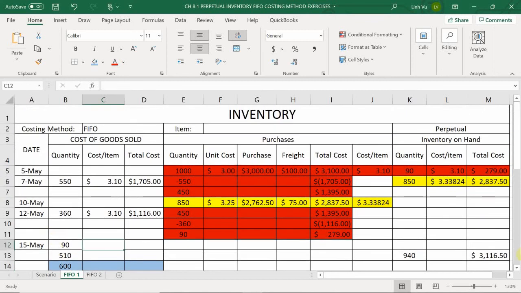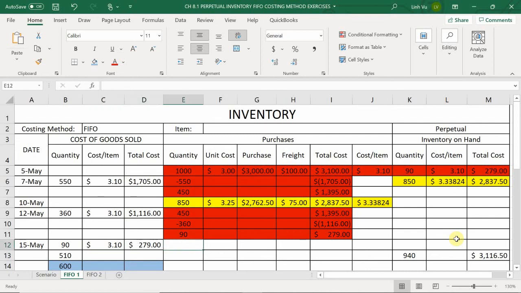So in this case, the 90, which we already know, is going to cost me $279. You don't need to calculate that because you already know you're going to get rid of the entire batch anyway.